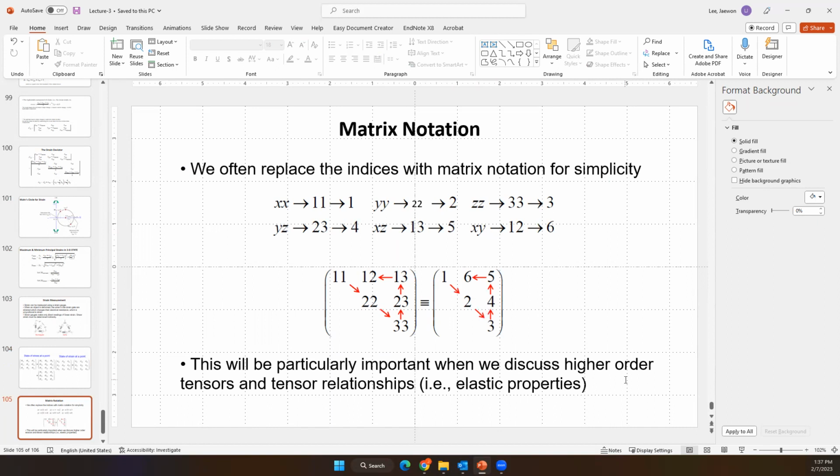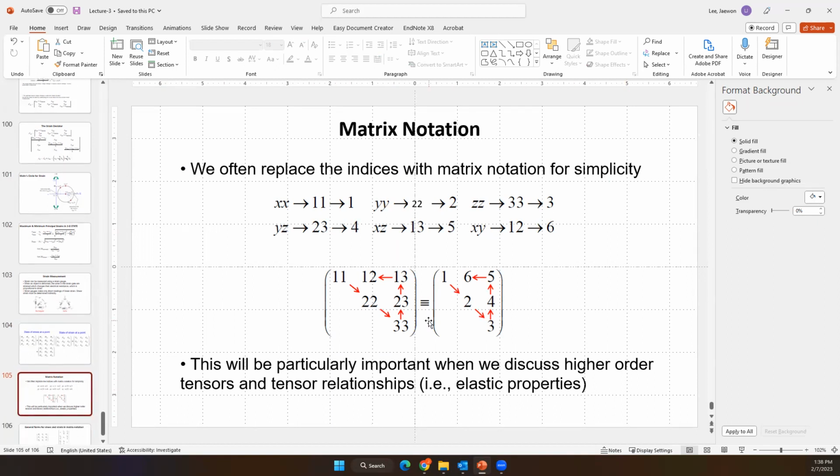It is very important when we study high order tensors. It's very complicated. It's a kind of convention in the mathematics or mechanical properties societies. So we can say 1, 2, 3, 4, 5, 6.